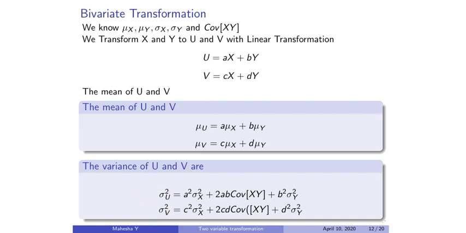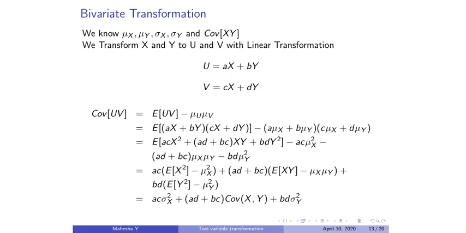Our next task is to find the covariance of u and v. So covariance of xy is expectation of xy minus mu x mu y, we have studied that one. So similarly covariance of uv will be expectation of uv minus mu u mu v.